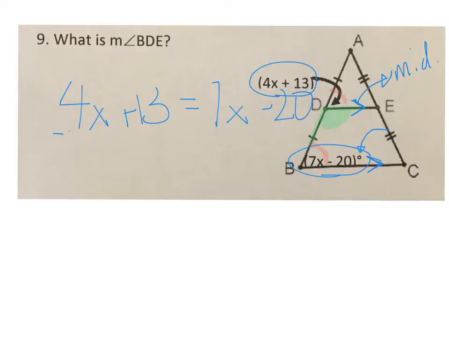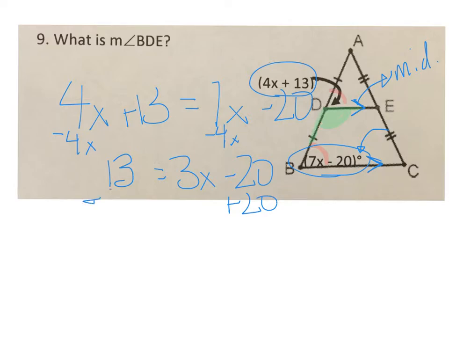I'm going to subtract 4x from both sides. So 13 equals 3x minus 20. Now, of course, adding 20 to both sides, 13 and 20 is 33, equals 3x.